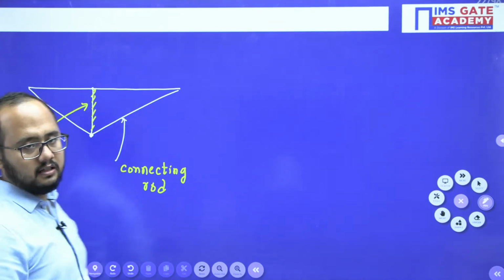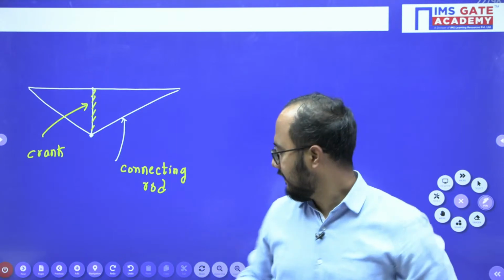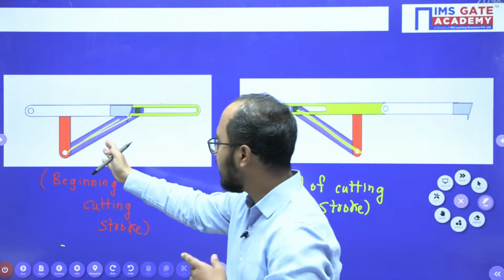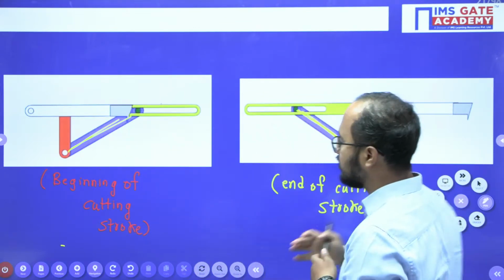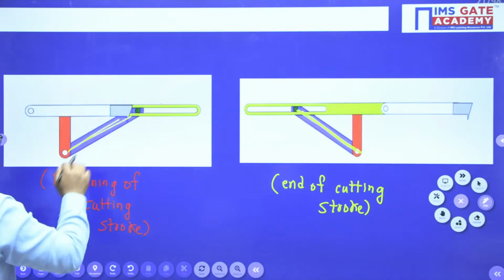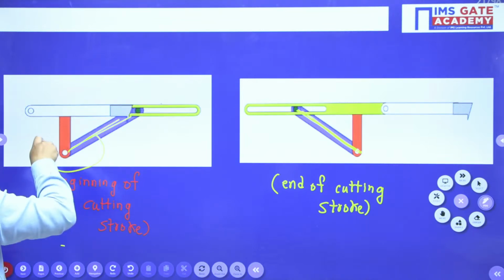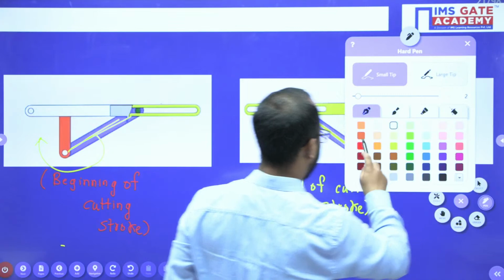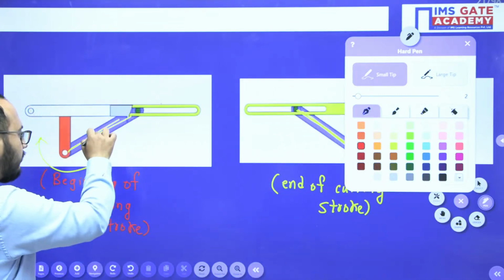Now you should understand which angle will be called the cutting angle, right? So beginning of the cutting operation and end of the cutting operation. So obviously it has moved like this from here to here. Okay, better I will use a red color here. It has moved from here to here.